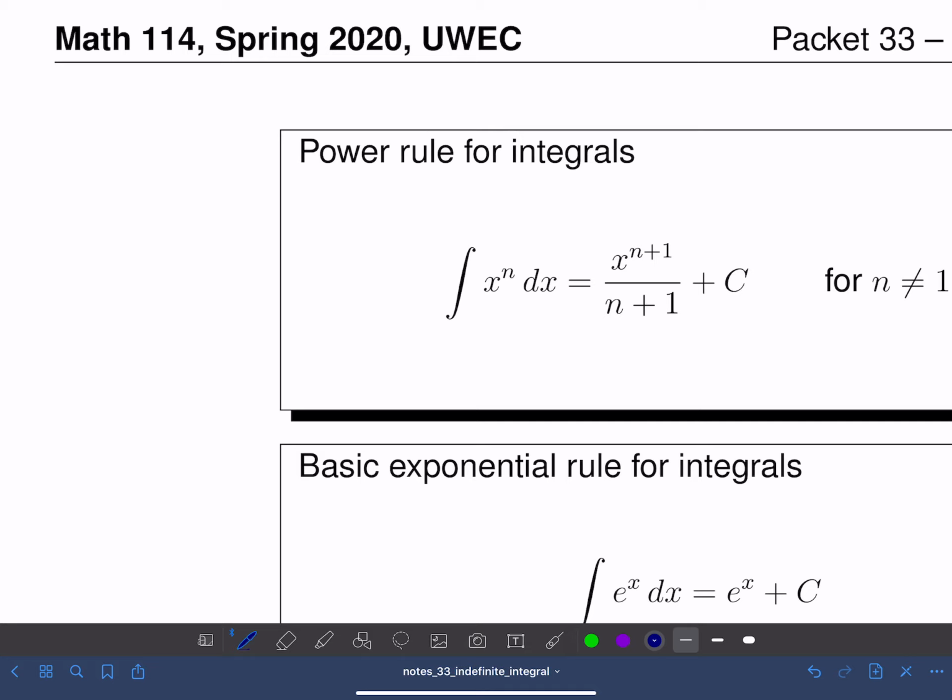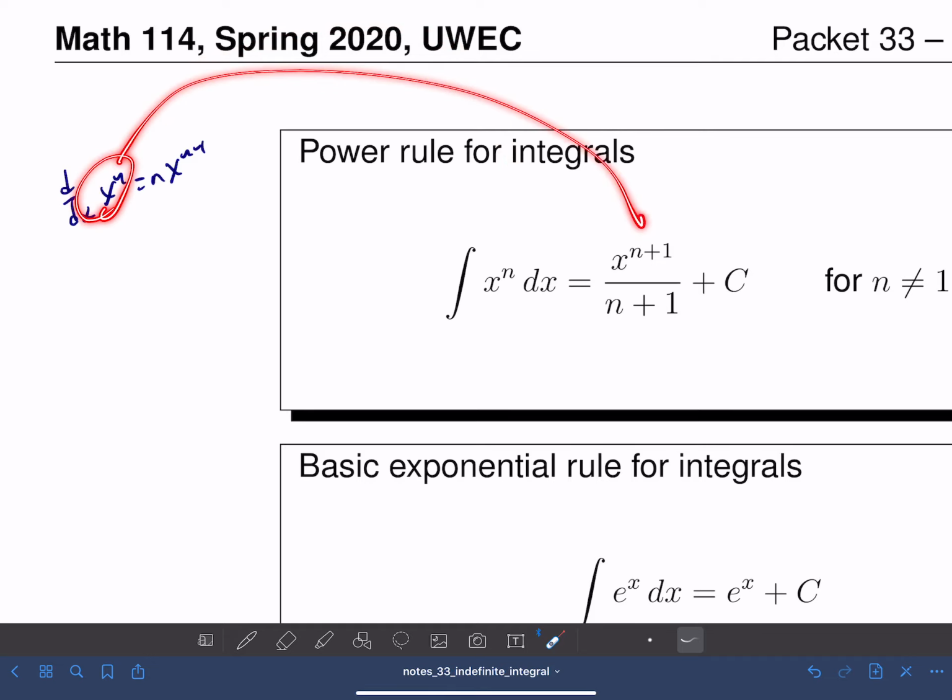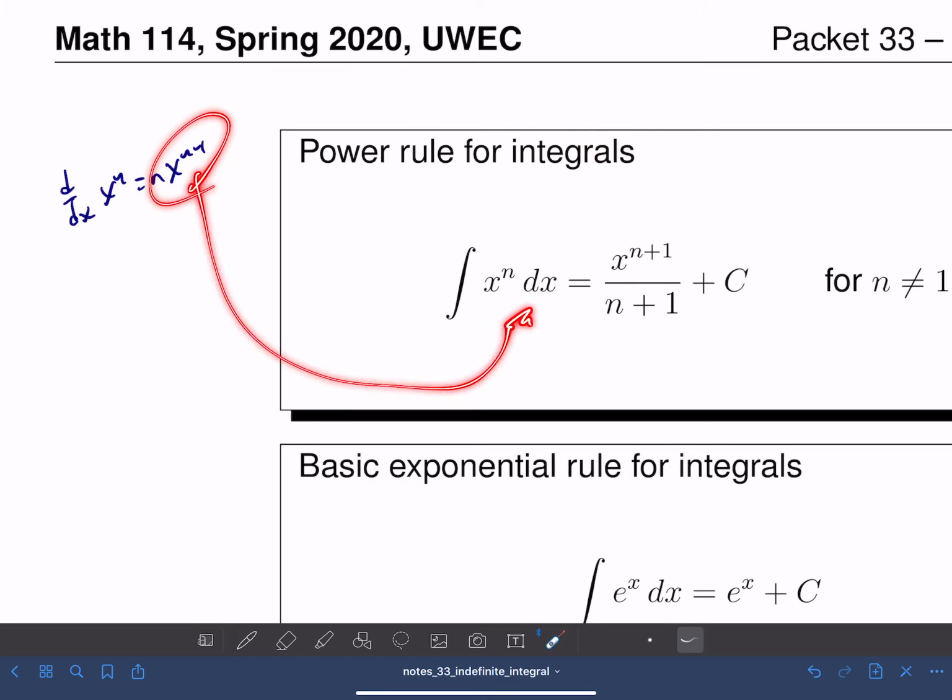The power rule for derivatives said that d/dx of x to the n is equal to n times x to the n minus 1. And I need to kind of do it opposite. So take that and put it there, and then take that and put it there. It doesn't really work so well.